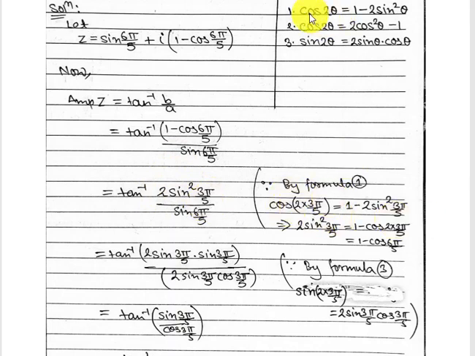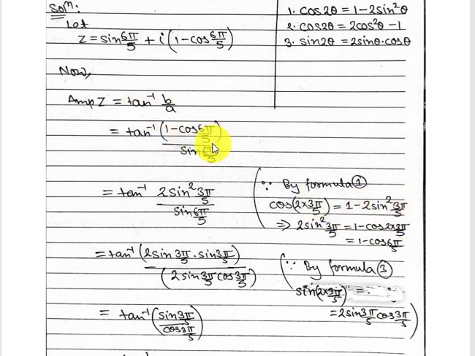From the first formula you can see that cos 2 theta is equal to 1 minus 2 sine square theta. Similarly, cos 2 into one angle, here in place of theta we have 3 pi by 5. So cos 2 into 3 pi by 5 equals 1 minus 2 sine square 3 pi by 5.